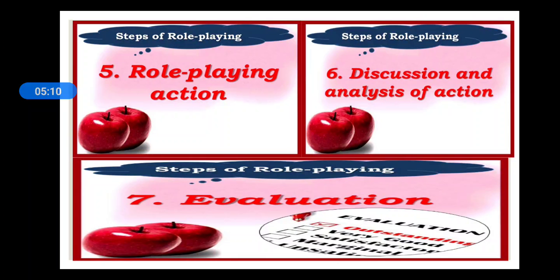In the evaluation section you have to give every detail and everything in brief. So basically, discussion and analysis of action means analyzing an evaluation process as the role playing comes to an end.